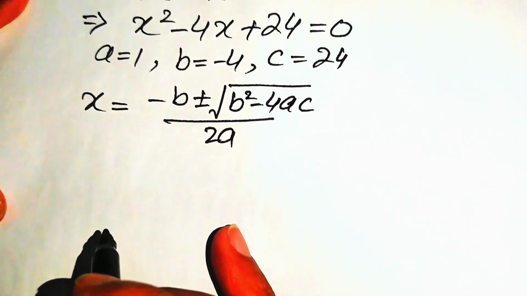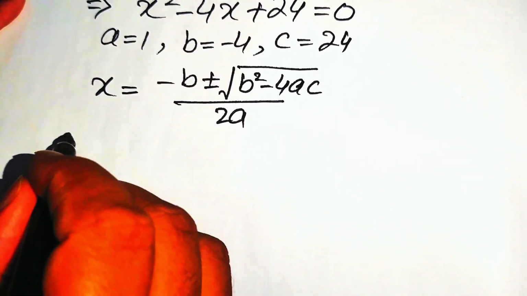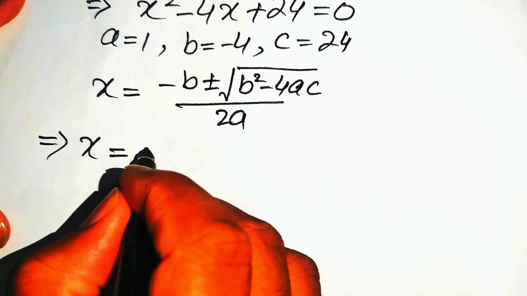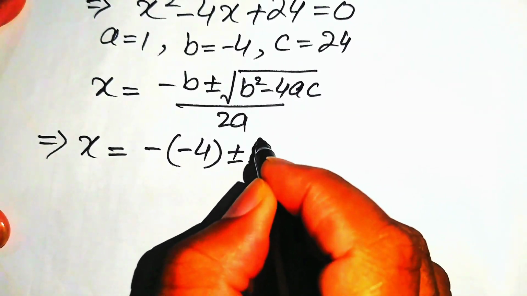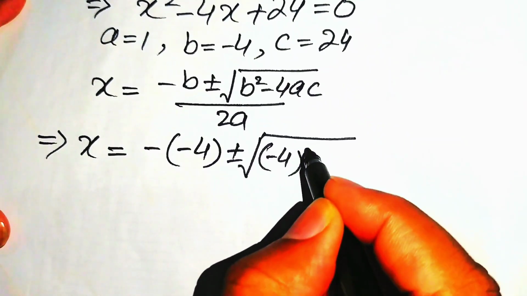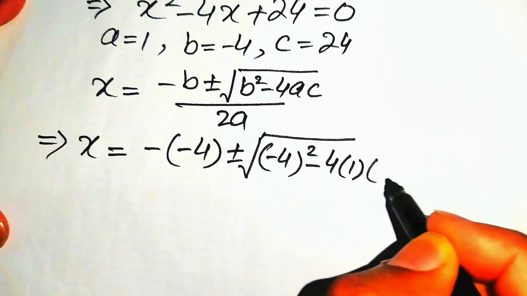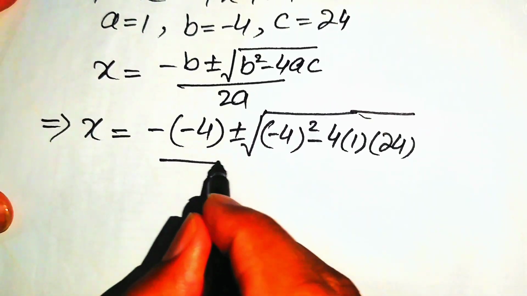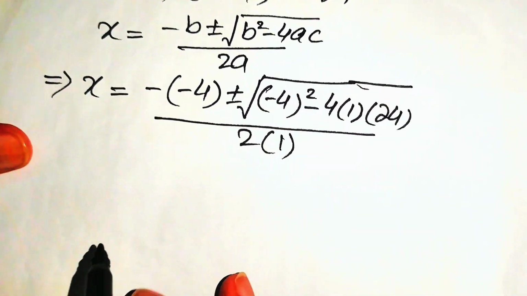Here we substitute all these values: x equals minus b, and our b is minus 4, plus minus square root of b square, so minus 4 square minus 4 times a is 1 and c is 24, and this whole divided by 2 times a, and our a is 1.